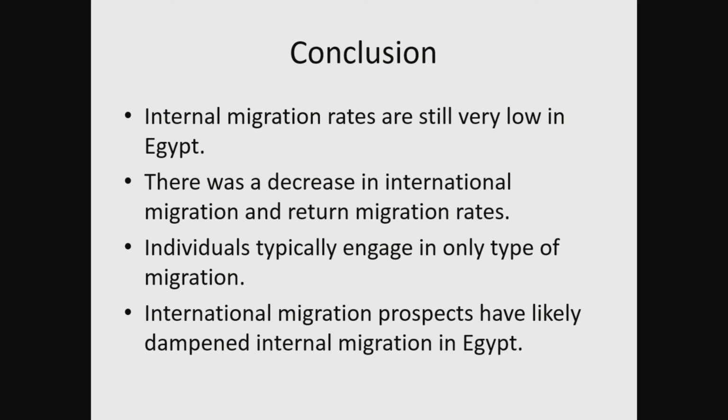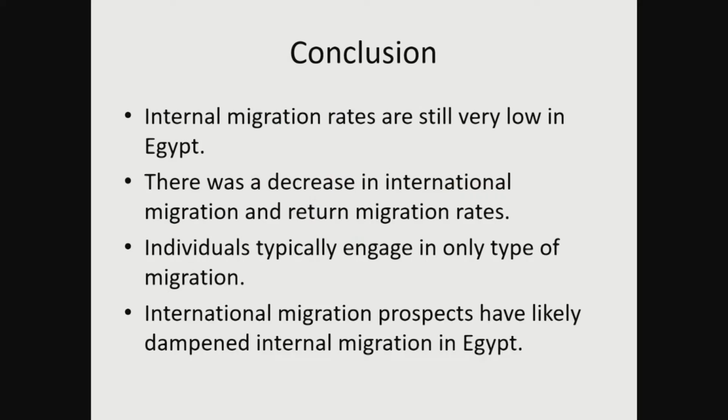We tend to show that individuals typically engage in only one type of migration, so mostly either in international or internal migration. And we see that we have more or less the same percentage for both types of migration, and that it's probably this decrease in international migration that might be responsible, I would say, for also the low migration in Egypt.